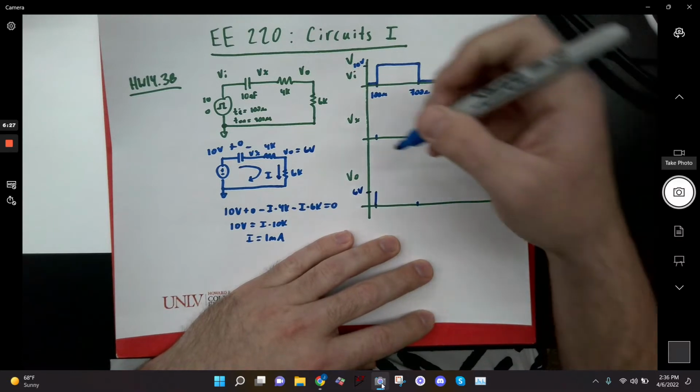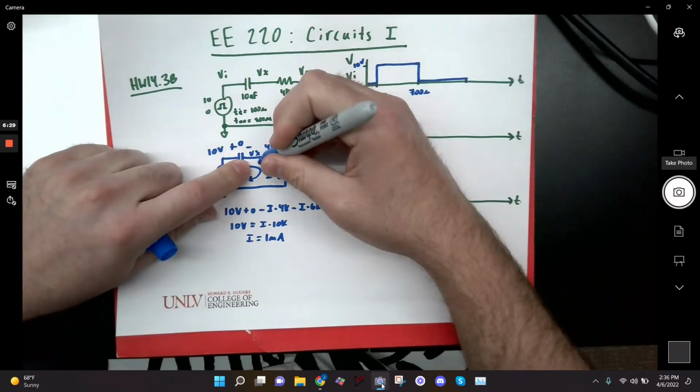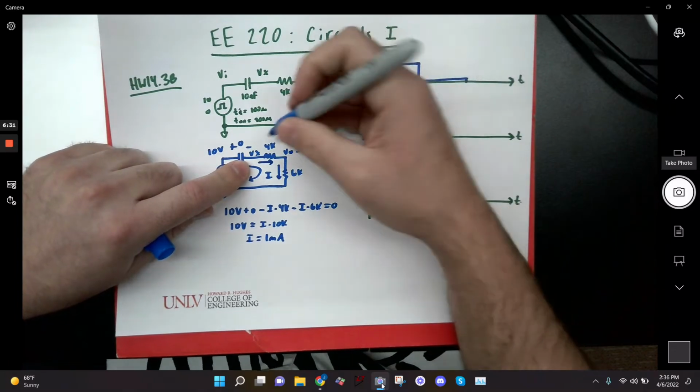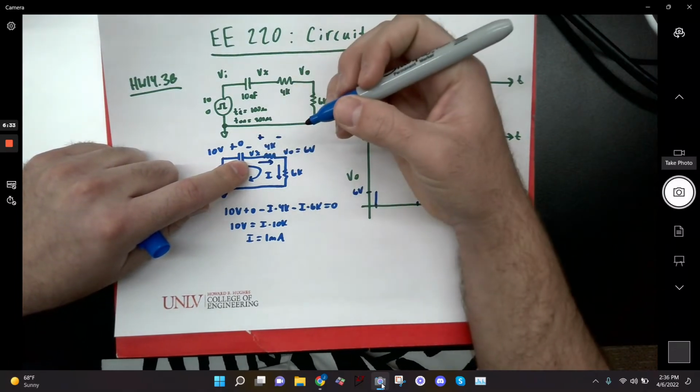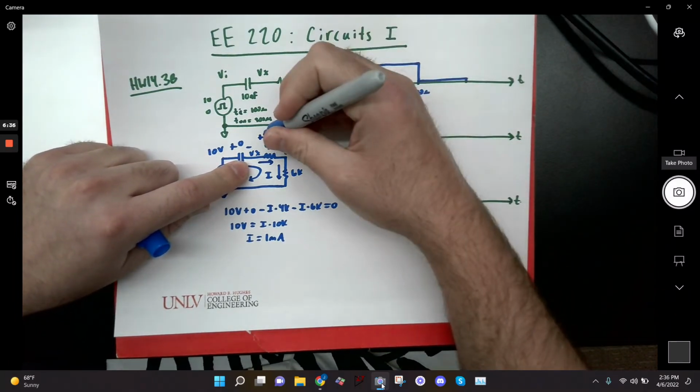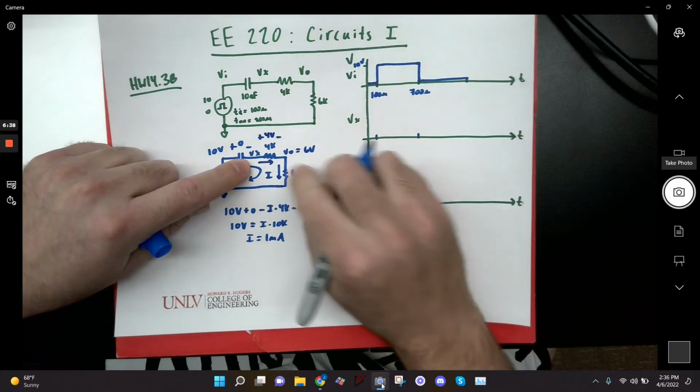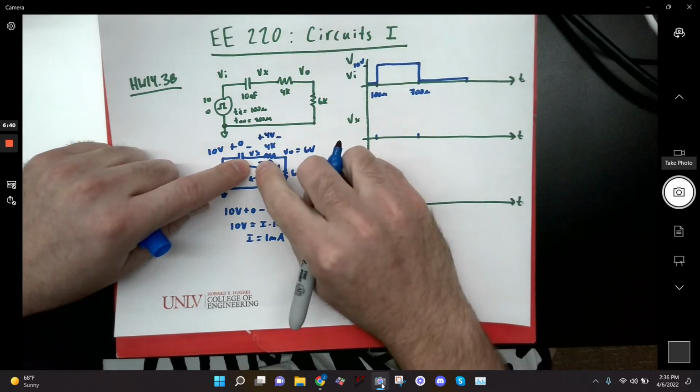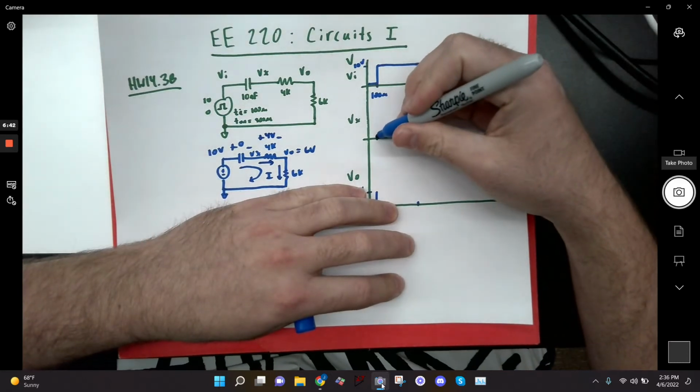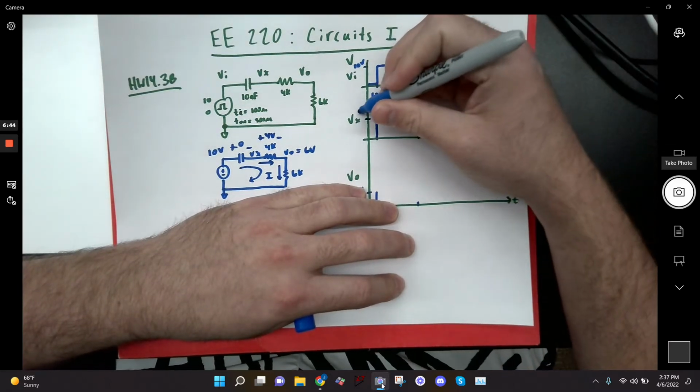Okay? And if I have 1 milliamp flowing through this 4K, what's my drop across the 4K? 4 volts, exactly. So then my Vx is 6 plus 4, or 10 volts. Okay? So Vx also jumps up to 10 volts.